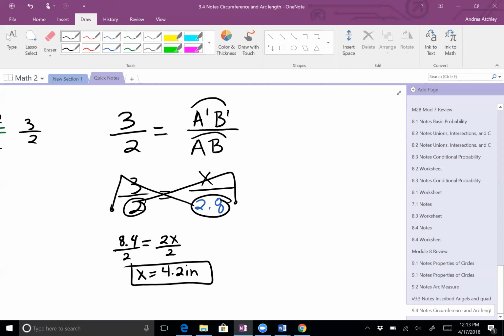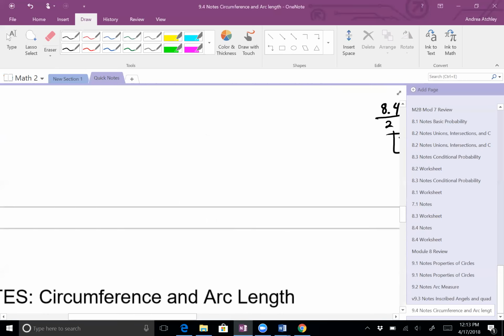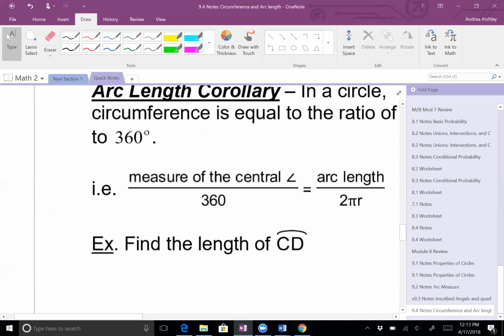Now I have to find the measure of arcs in just a circle.